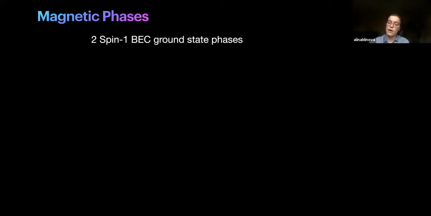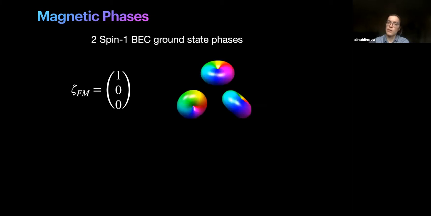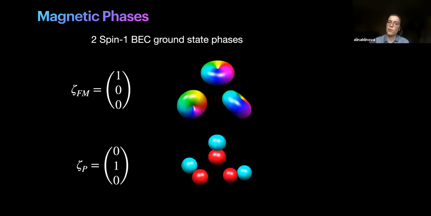So we have what we call the ferromagnetic phase and the polar phase. On the left, you have your vector representation of these phases, and on the right is a spherical harmonic representation, just as a visual aid.